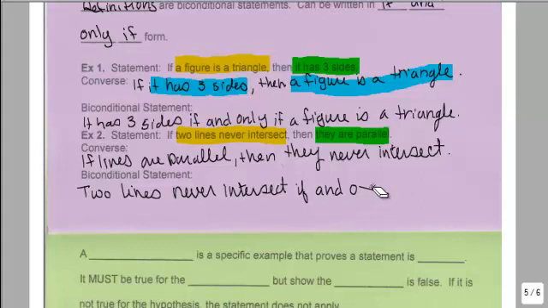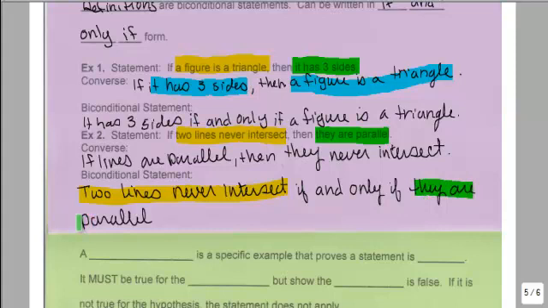So if you want to see it color coded, two lines never intersect, same as above. They are parallel. The only thing I did is took the if completely away and replaced the then with if and only if.